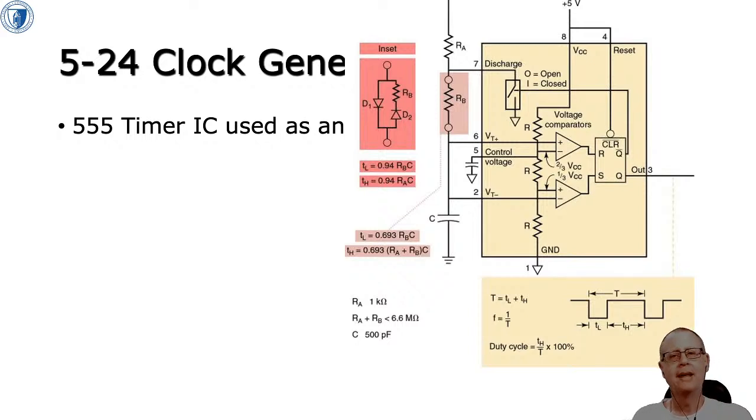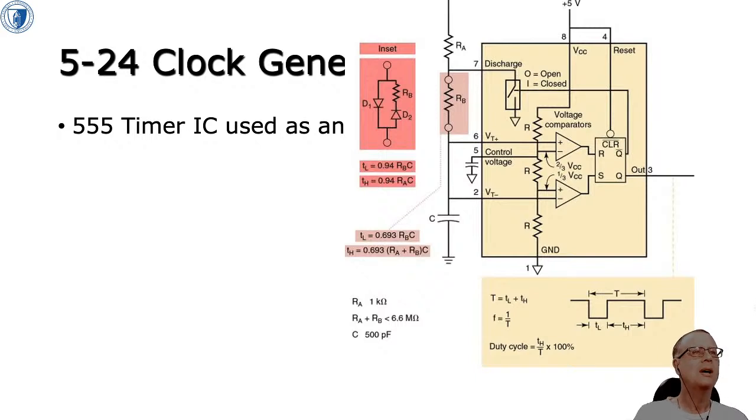All they do is, if the plus input is bigger than the minus input, then the output goes to the positive supply rail, and if the negative input is bigger than the positive input, the output goes to the negative supply rail. So it's just a way of saying, is this input voltage bigger or smaller than that input voltage? That's why it's called a comparator.